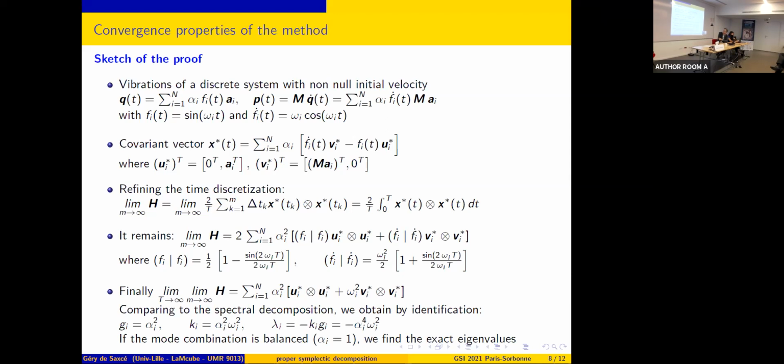Alpha i are the coefficients of the linear combination. We can deduce from it the covariant vector in terms of the dual of the eigenvectors. And next, we refine the time discretization. M goes to infinity, and this discrete sum converges to this integral.